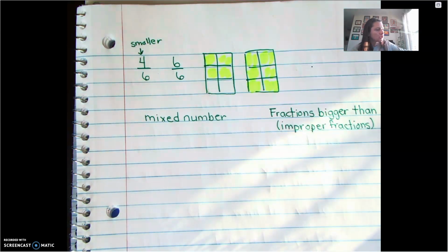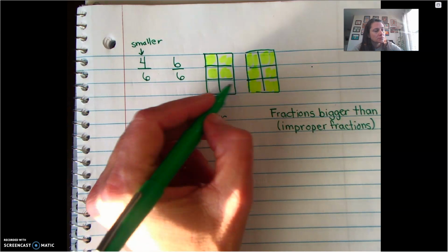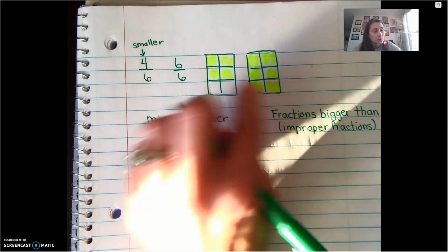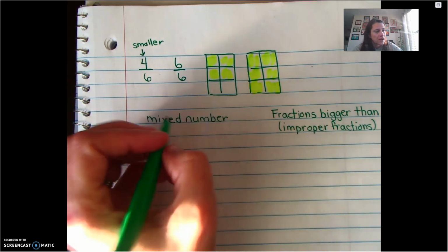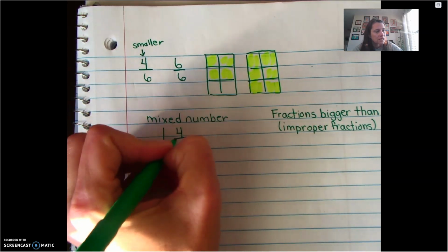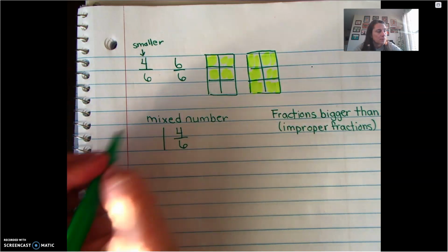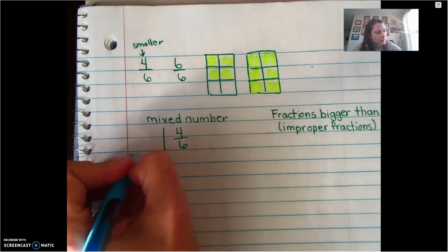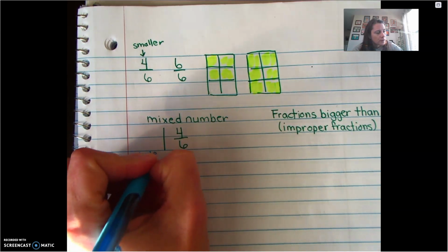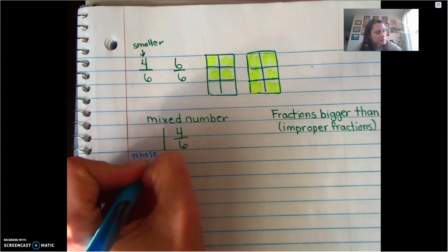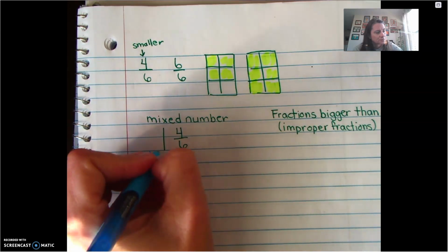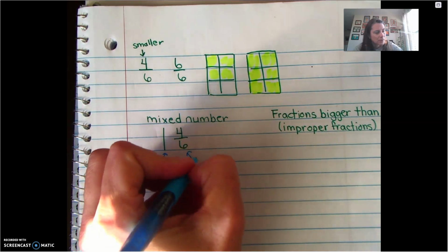So how this would look would be, we have 1 whole, which is that one, and then we have 4 out of 6. That's called a mixed number because you have a whole number, and then you have the fraction.